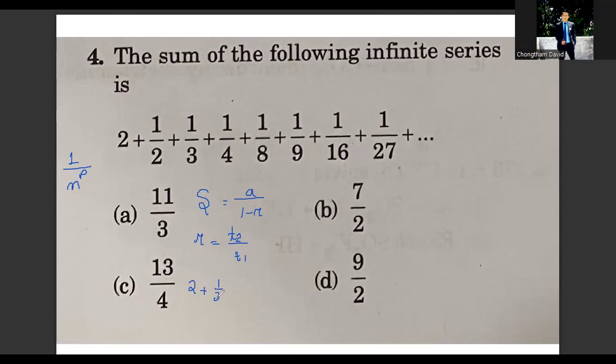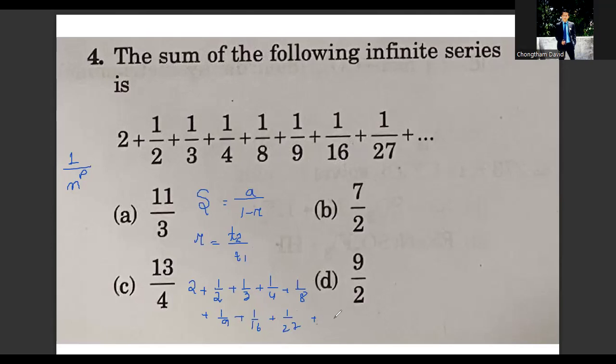1 by 2 plus 1 by 3 plus 1 by 4 plus 1 by 8, according to the question, 1 by 9, 1 by 16, 1 by 27.